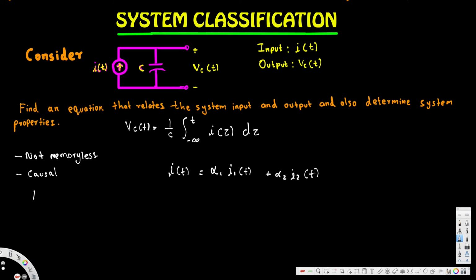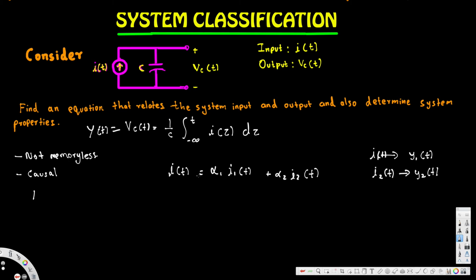Let's say y of t is equal to Vc of t. If we put input I1 of t, we have to get output y1 of t, and when we put input I2 of t, we should get output y2 of t.